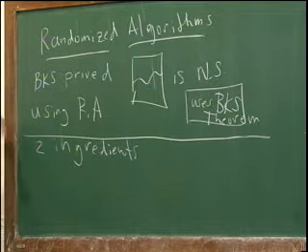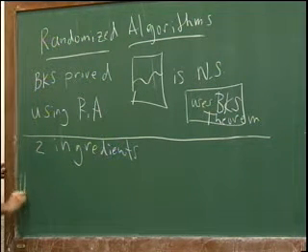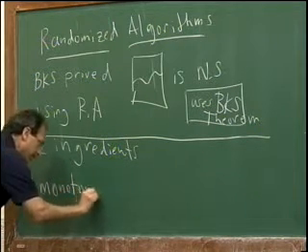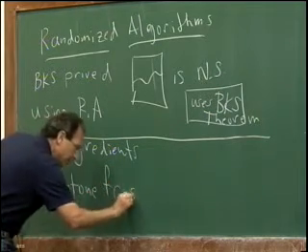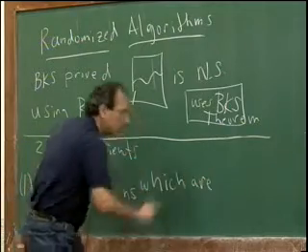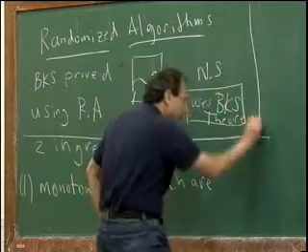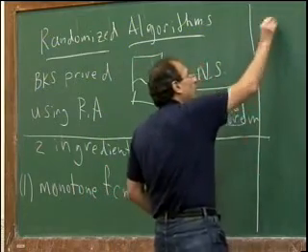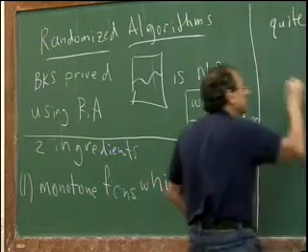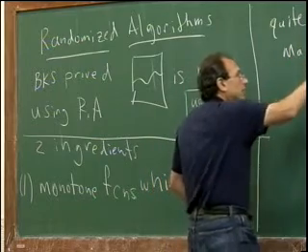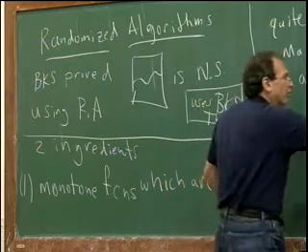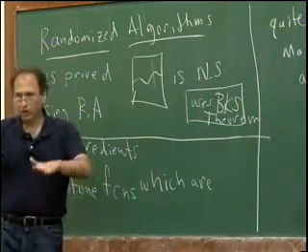The first ingredient is that monotone functions which are quite independent of majority functions are noise sensitive. So the majority function is stable.